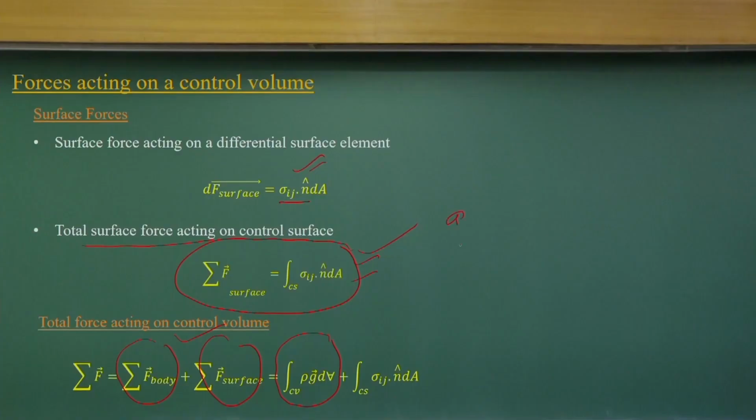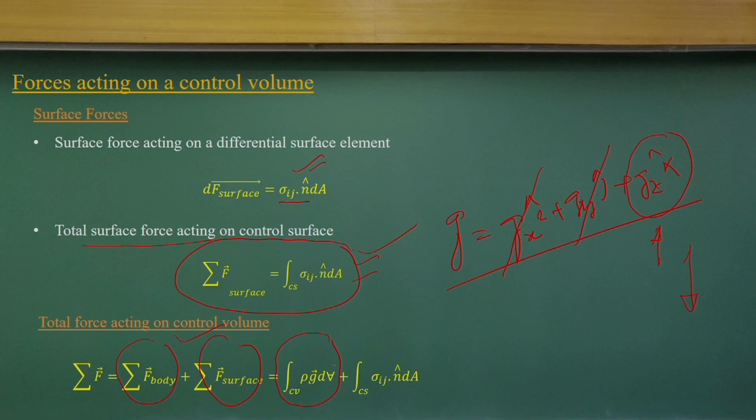That means g can have gx i, gy j, gz k. Many times we align it such a way that only the k direction is negative, with k upward, so g becomes a scalar quantity acting downwards.